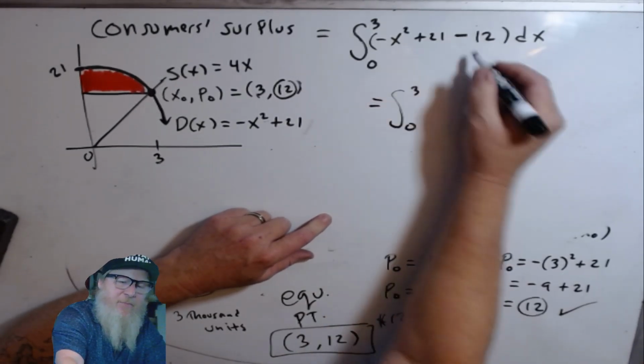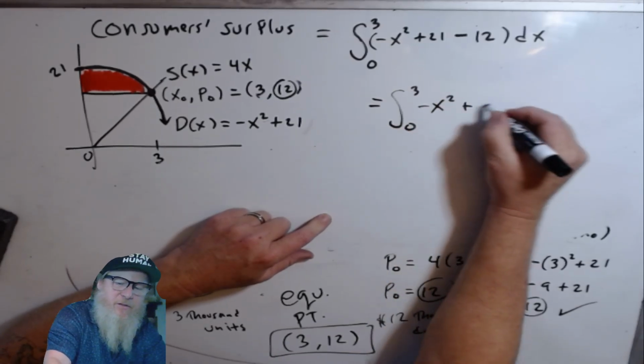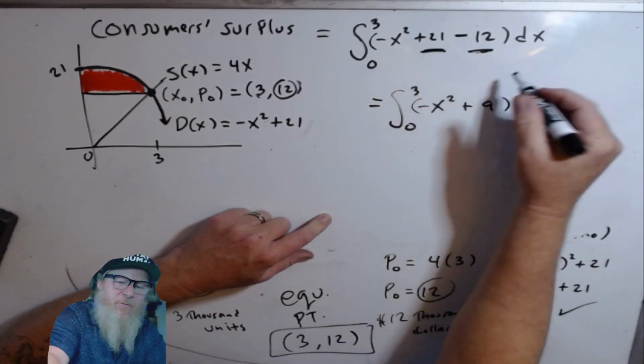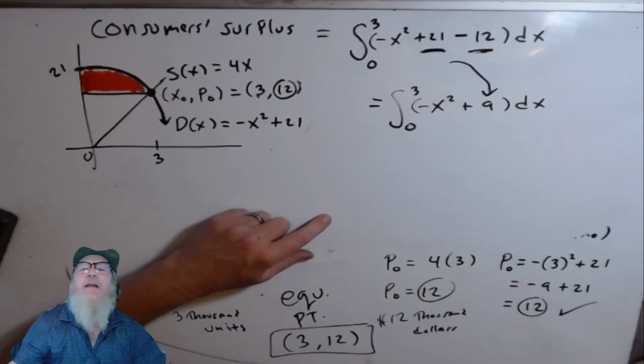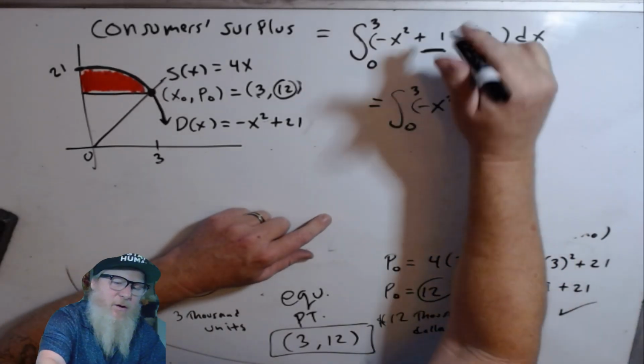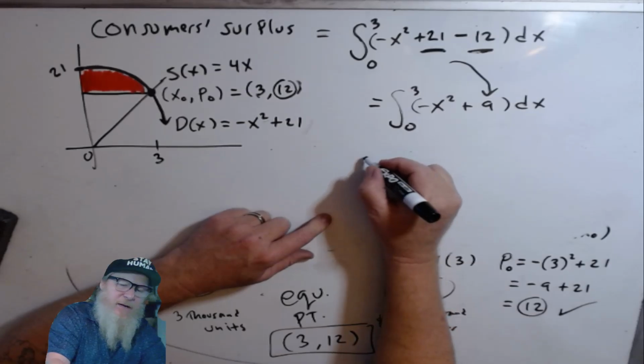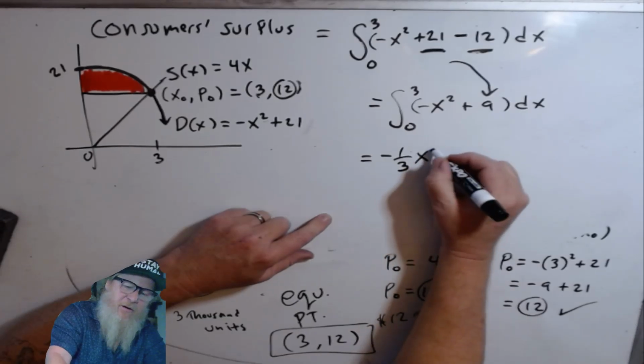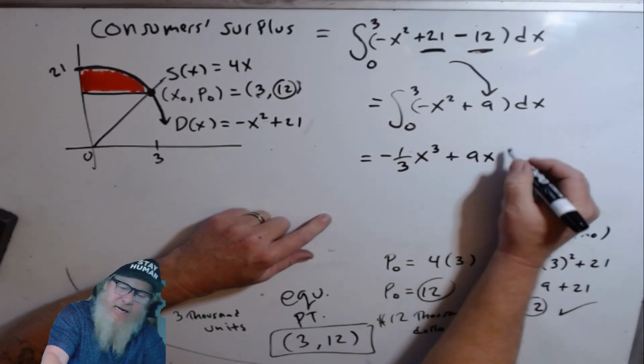So I like to simplify this first. You can combine the 21 and the 12 to get the 9. Positive 21, negative 12 is positive 9. And now here comes the calculus. Negative 1/3 x cubed plus 9x. That's it.